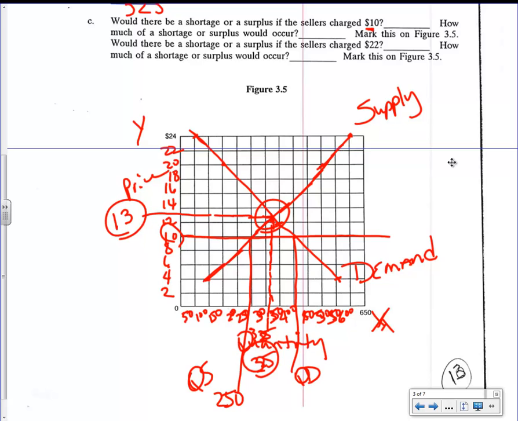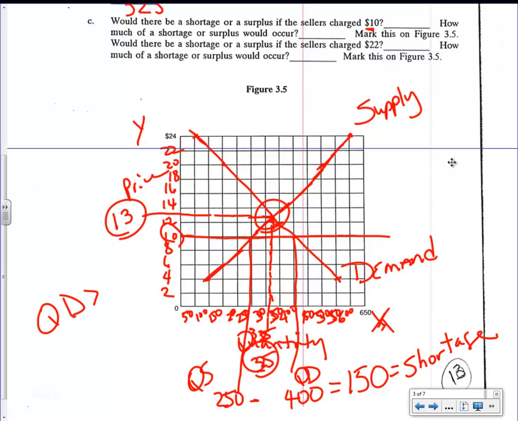Quantity demanded is 400. So if we take 250 minus 400, that's 150 difference. Quantity demanded is greater than quantity supplied, so that's known as a shortage of 150.